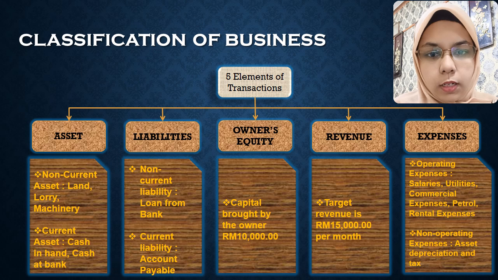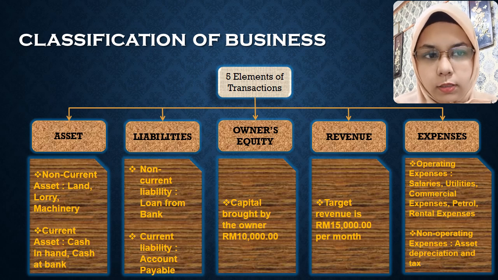The first element that I want to discuss is asset. Asset is an object or entity that has current or future economic value to the business. There are two types of asset. The first one is non-current asset, and the second one is current asset.